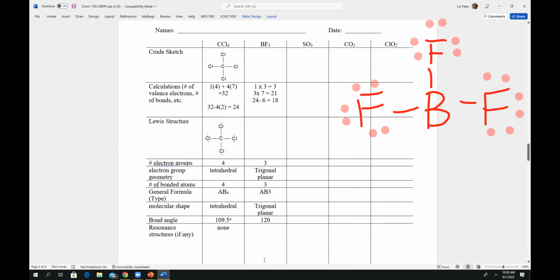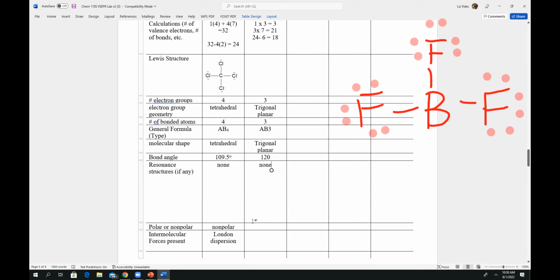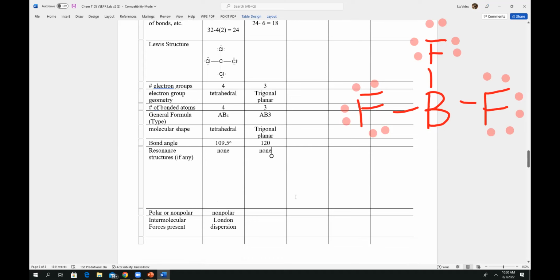Now, do we have resonance structures? Remember, resonance structures are those where you have a double bond. We have no double bonds, so no. Or you can put none, right? And then the last thing is, is it polar or non-polar? Well, it is symmetrical, so the answer is non-polar.